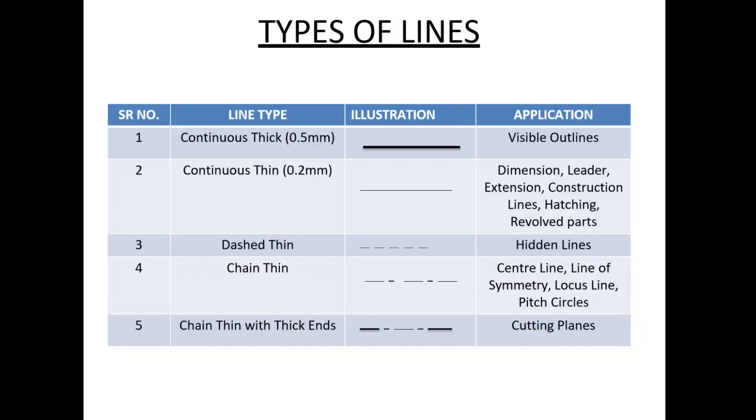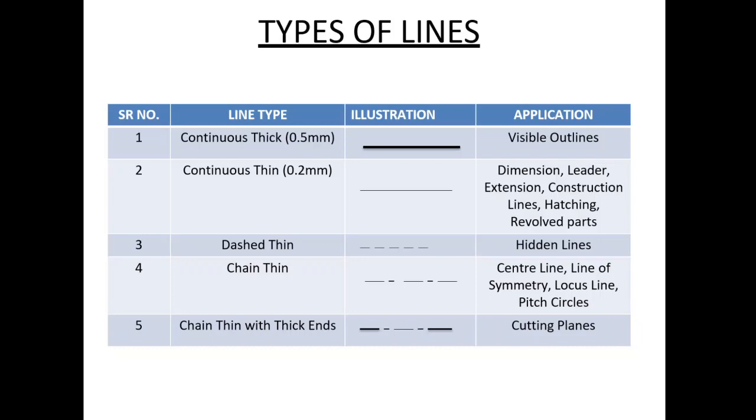The continuous thin line is used to give the dimensions to the drawing that we will draw on the drawing sheet. It is also used for leaders and extensions, for construction lines, for hatching and revolved parts.